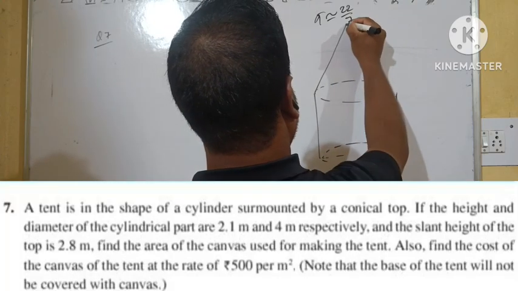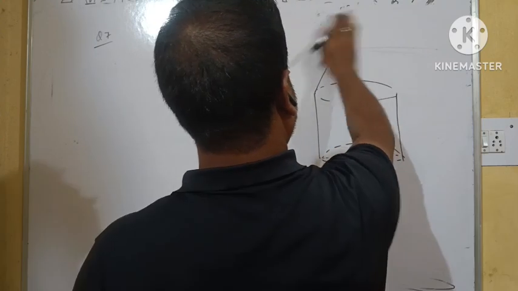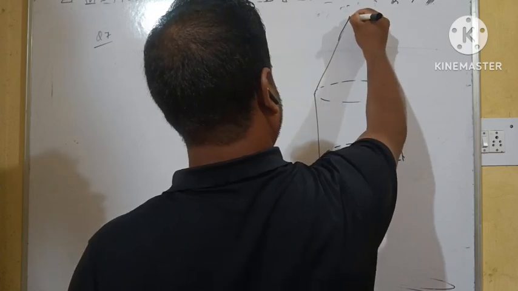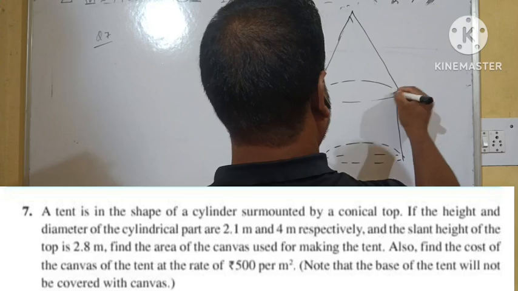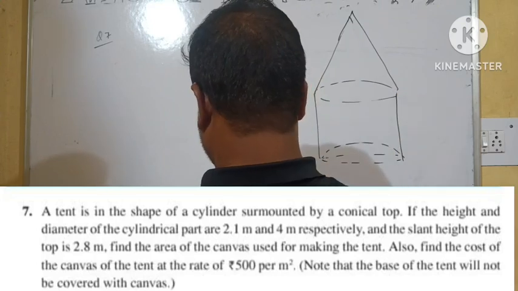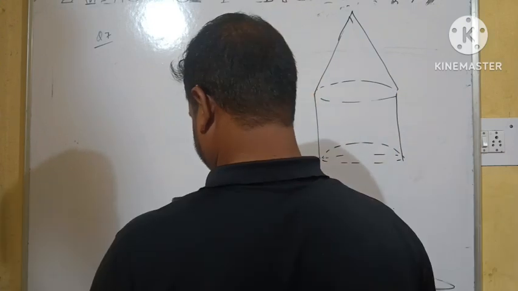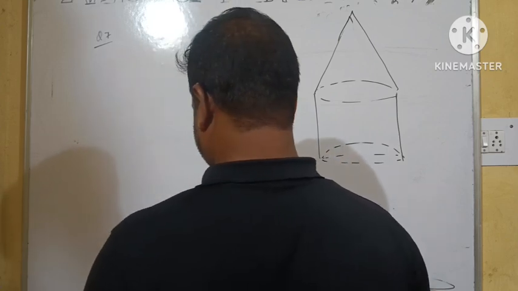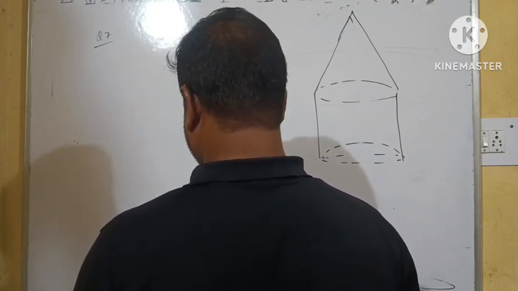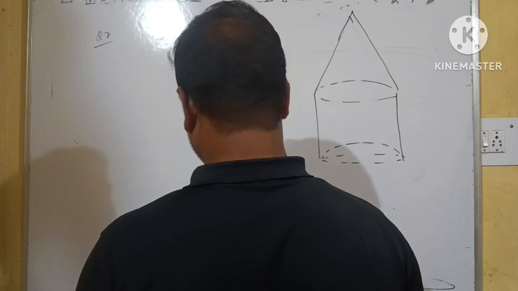A tent is surmounted by a conical top, and the height and diameter of the cylindrical part are 2.1 meter and 4 meter respectively.